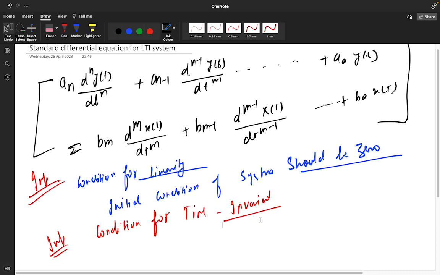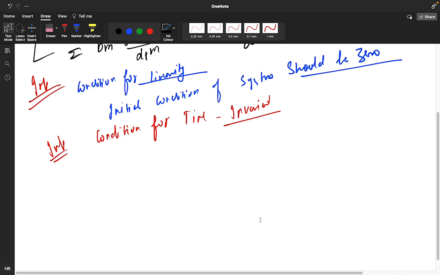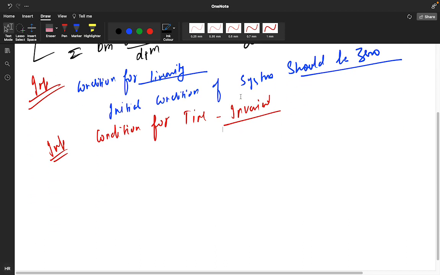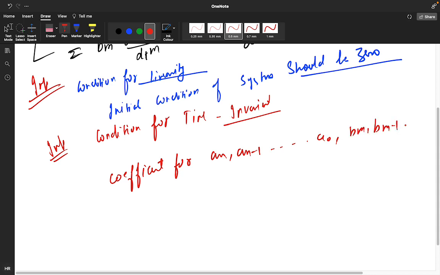What is the condition for time invariance? The coefficients a_(n-1), a_0, b_(m-1), b_0 should be constant. So these coefficients should be constant.